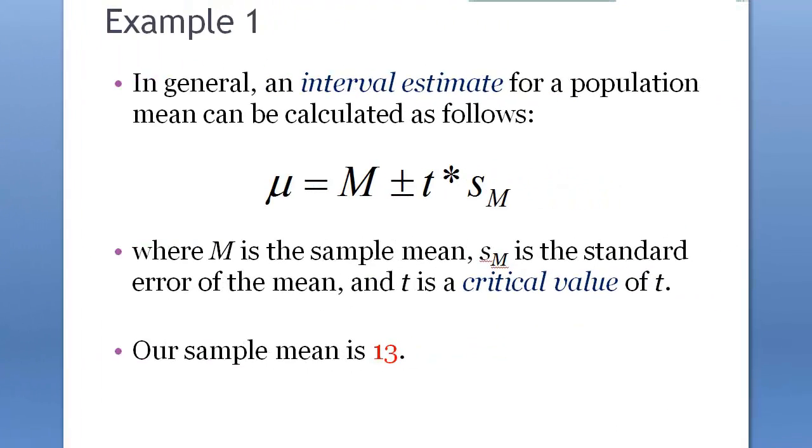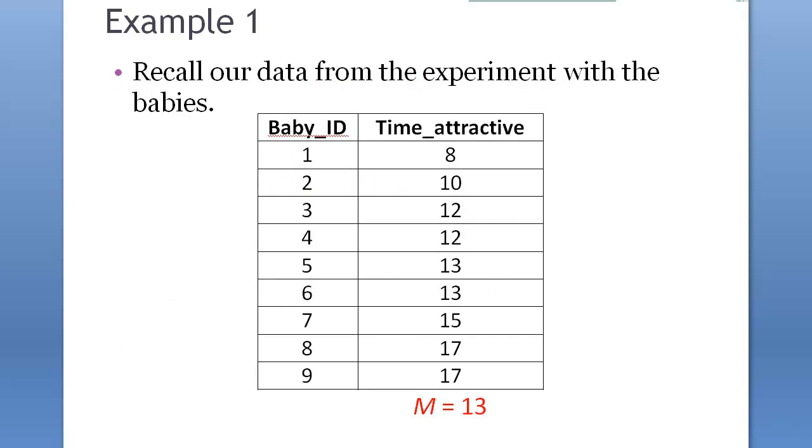What we did today was learn how to calculate the estimate of population parameters, specifically the population mean. If we go back to the previous example, we had a hypothetical situation where there are 9 babies and their attractive face and an unattractive face, and we timed how many seconds the baby will look at the attractive face and how many seconds the babies will look at the unattractive face.